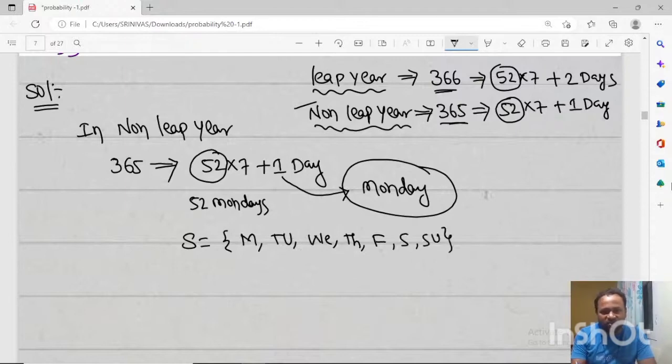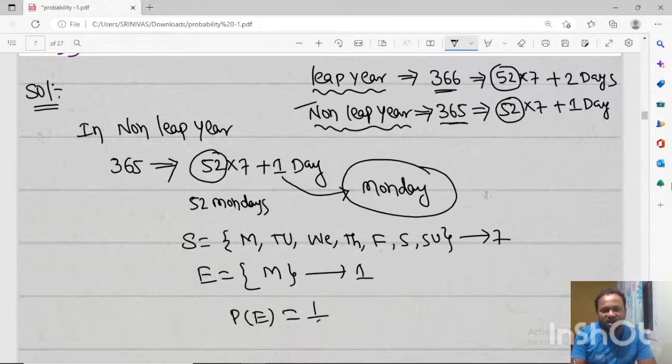Total 1, 2, 3, 4, 5, 6, 7. Total 7 will be there. My favorable is Monday, 1. Then what will be the probability? 1 out of 7. Probability is 1 out of 7.